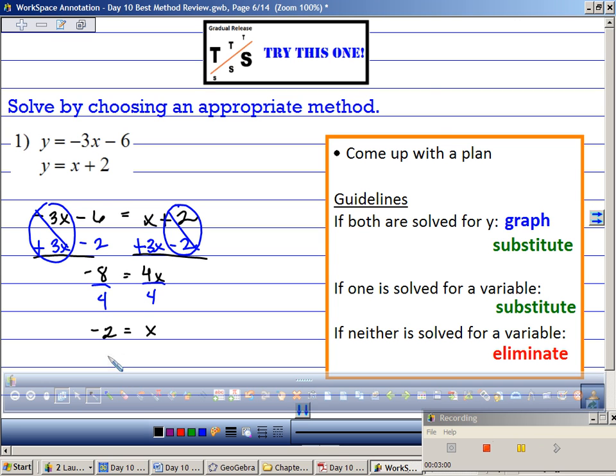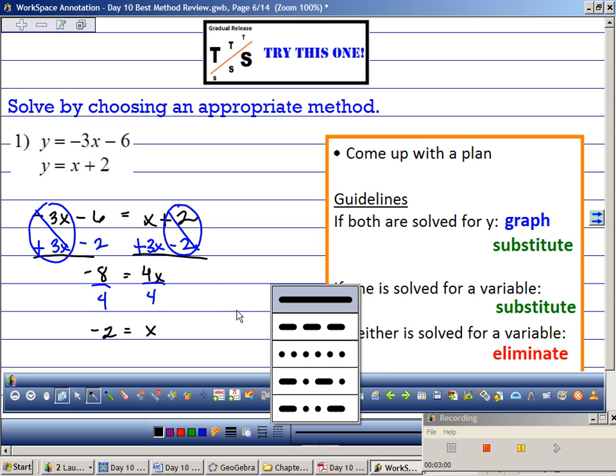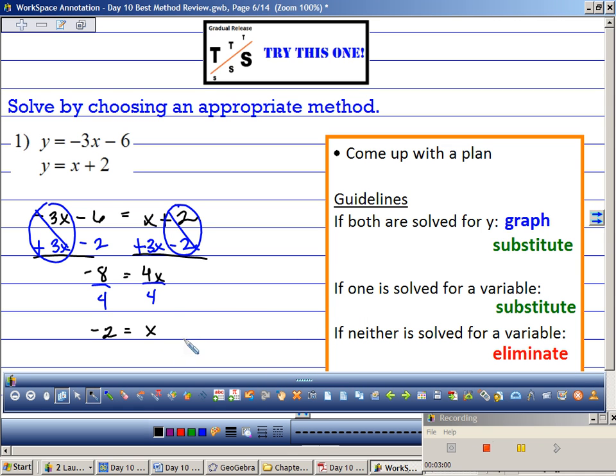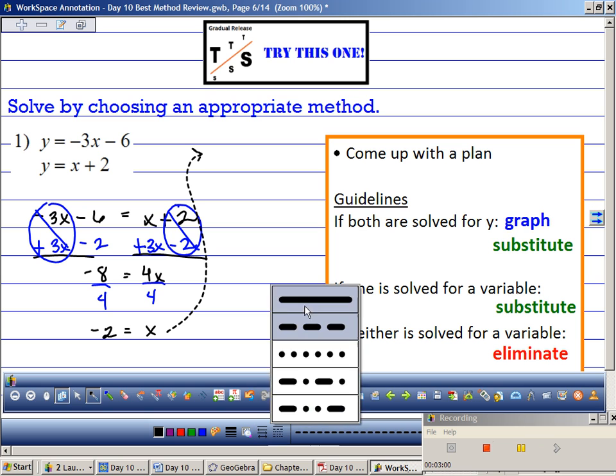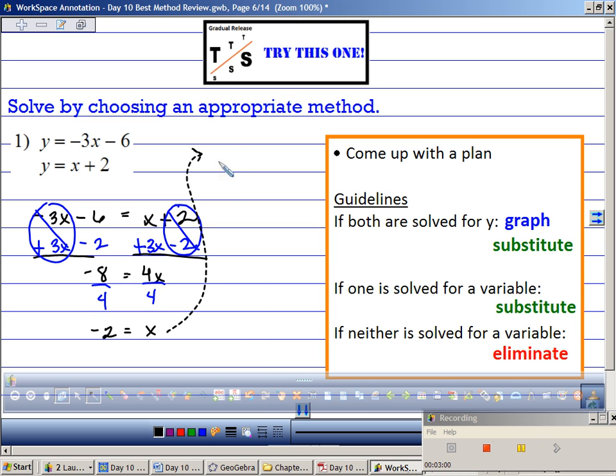What's x equal? -2. Good. Which ones did you guys plug it back into?